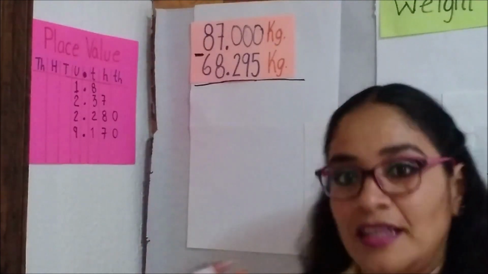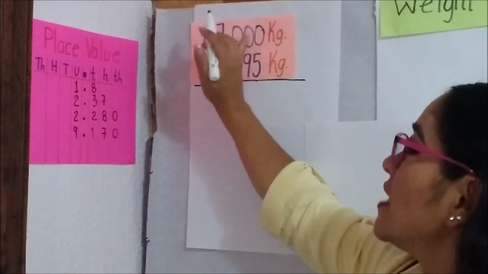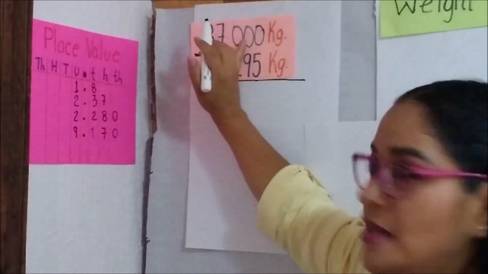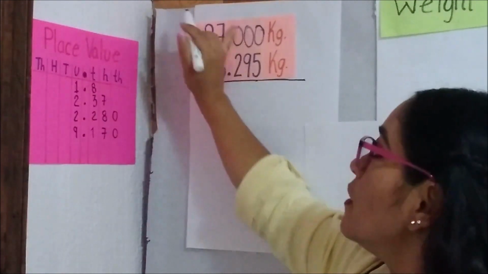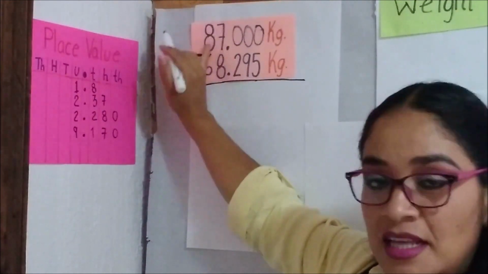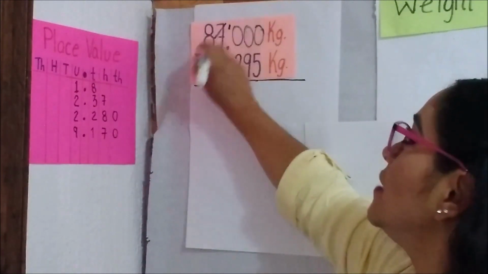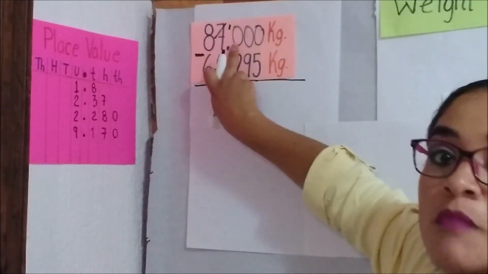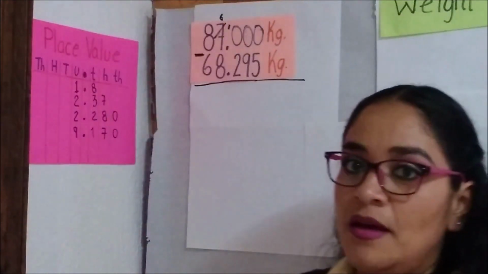So check this. This zero doesn't have any, he goes to this one, which doesn't have any, and it goes to the 7. The 7 says, okay, I'm going to lend you a unit. So it becomes a 10, and the 7 is going to become a 6.